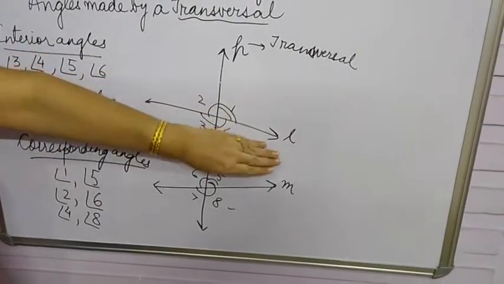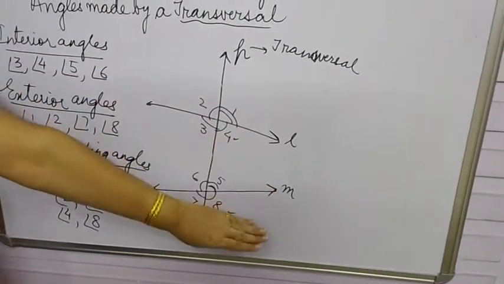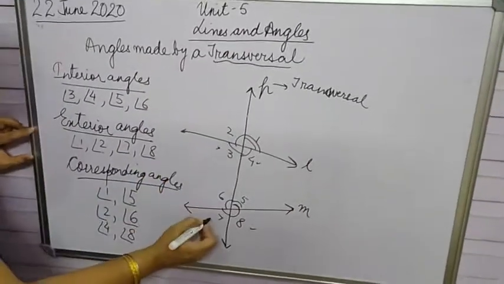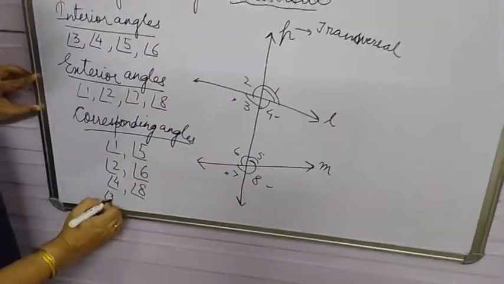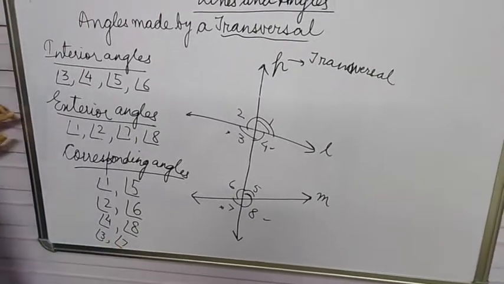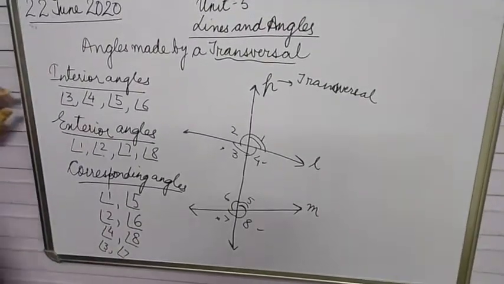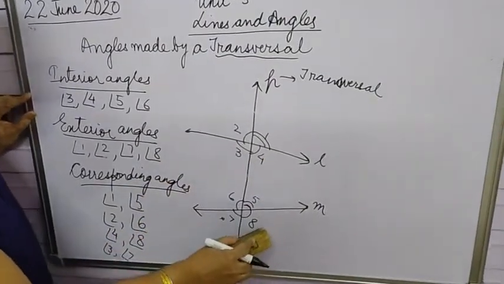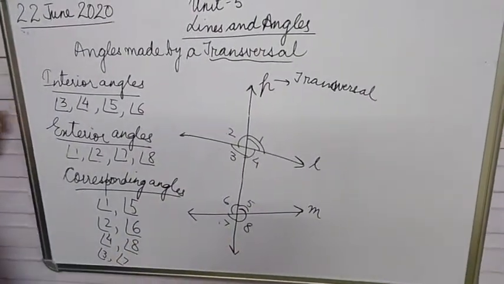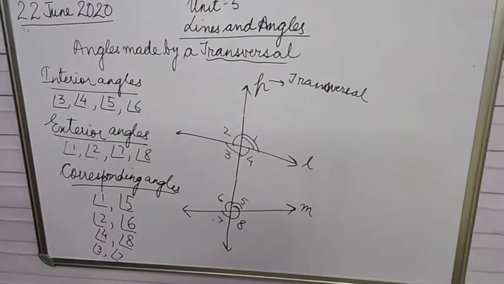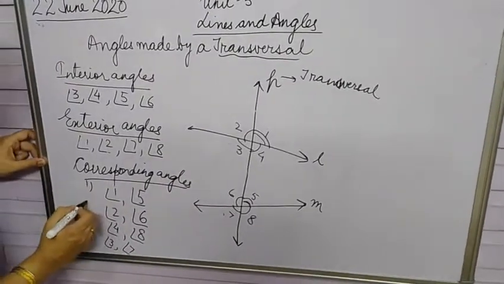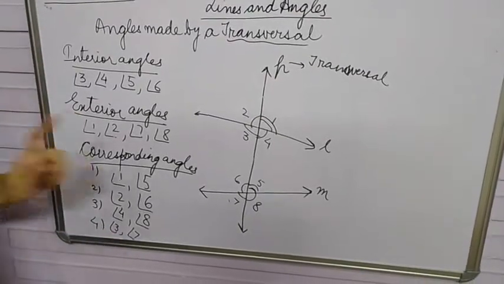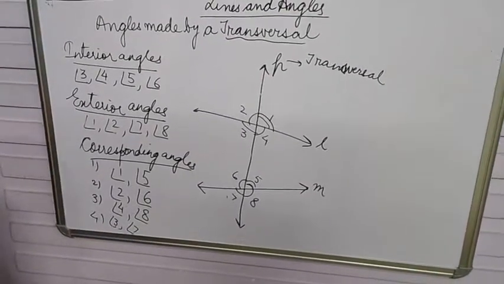Angle 4 lies below this line L. Angle 8 lies below this line M. And the last pair is angle 3 and angle 7. So whenever two lines are cut by a transversal, then 4 pairs, remember, 4 pairs of corresponding angles are formed which lie along same side and same position.